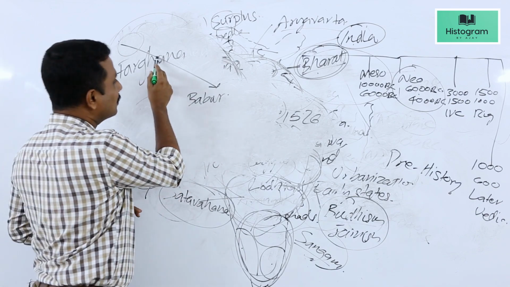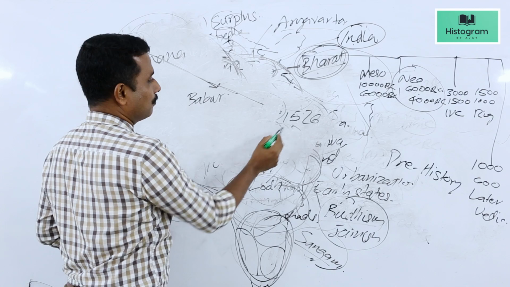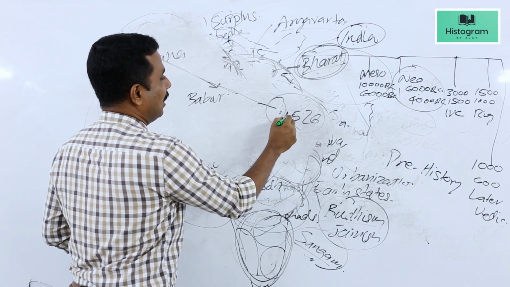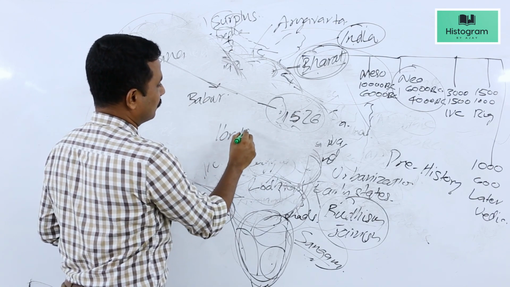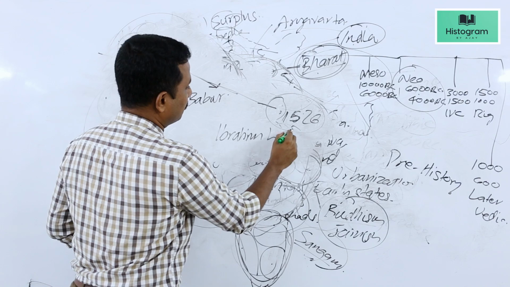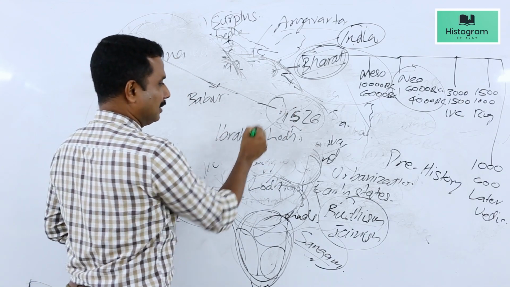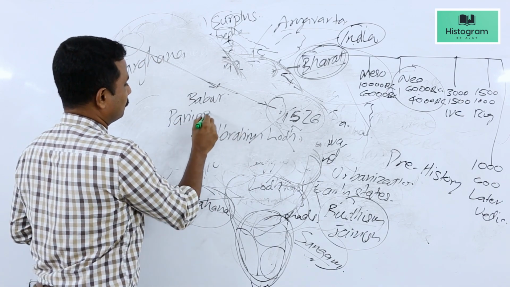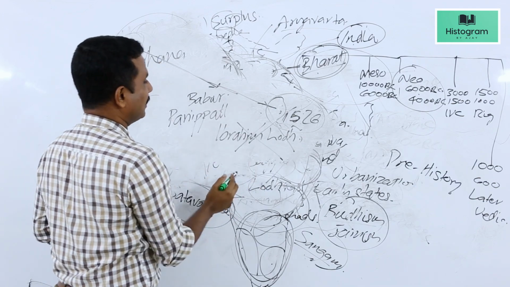He thought of trying his luck by invading India. He reached the northern part of India, and Delhi was being ruled by Ibrahim Lodi.